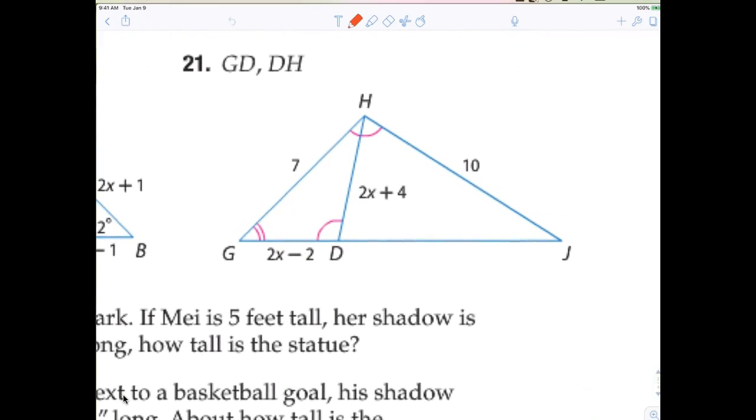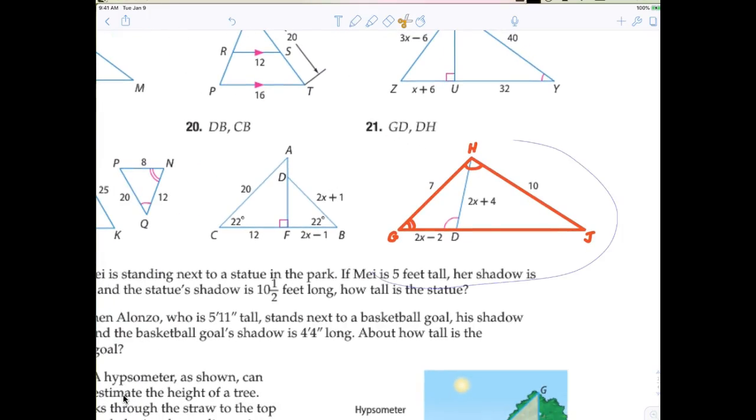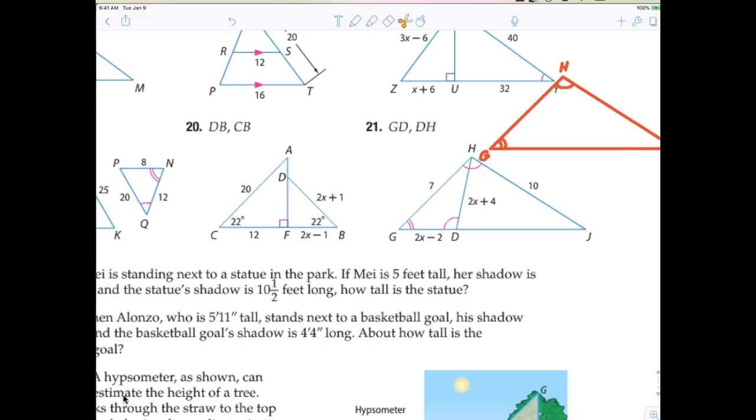Okay, yeah. Now, I think what you're having trouble seeing is what triangles they're referring to. I totally agree. If I were looking at this right here, this triangle is marked here and here, and this is G, this is H, and this is J. That's why I really like the iPads, because I can slide it over here a little bit.